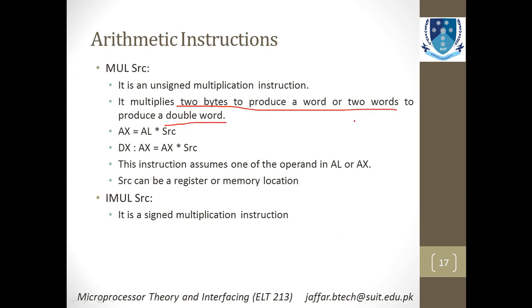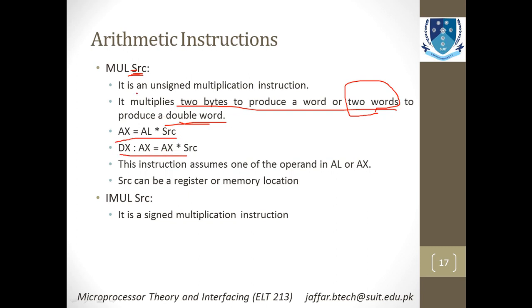So you see that this is basically multiplying a source with itself. If this is a byte, it will get double the word. If it is a word, it will become 2 words, a double word. So you can see that it is multiplying by its own.